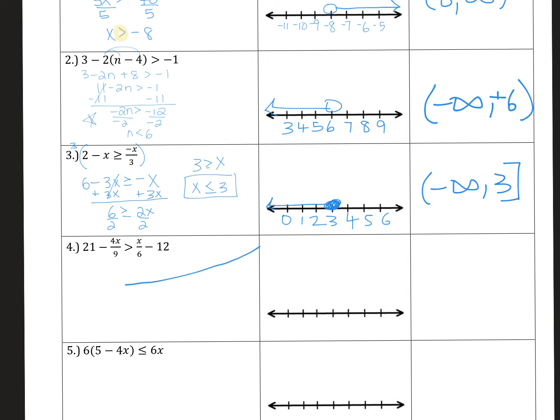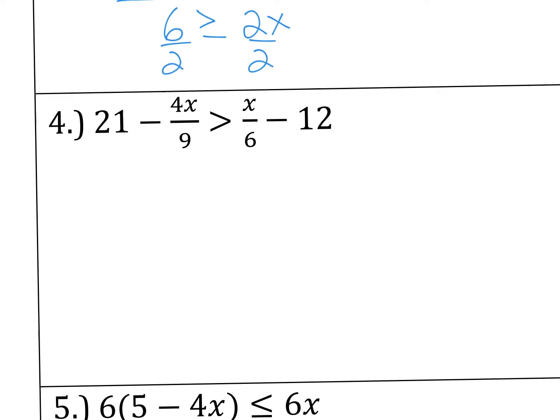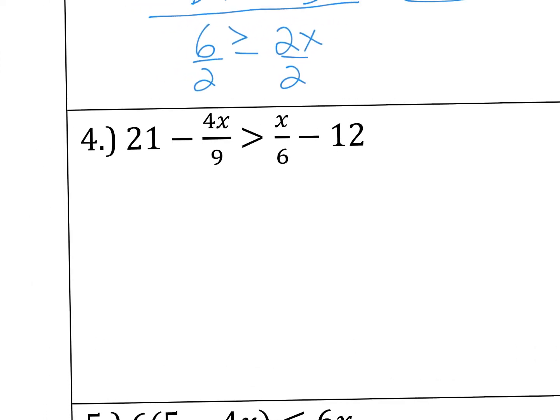Oops, sorry about that. All right, so the next one we're going to do is another fraction. This iPad doesn't want to work with me today. Okay, so multiply everything. 9 is not big enough to work in this case, so I'm going to use 18 because I know that 18 is divisible by 9 and 6.